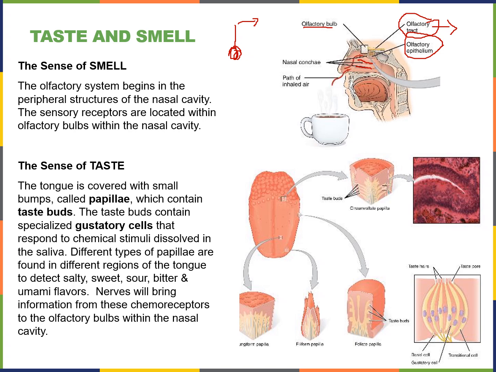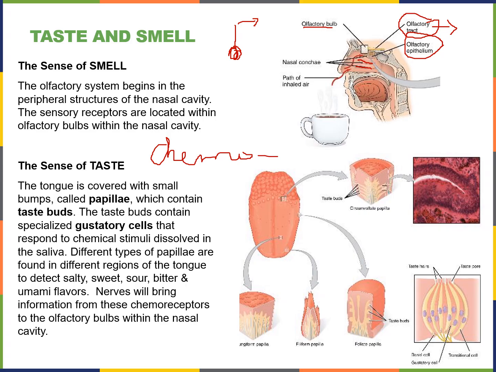One of the things about the sense of smell and taste is that these receptors are called chemoreceptors. C-H-E-M-O, with the word receptor written after it. Why? Because the substance that you're trying to smell has to be dissolved in the mucus.